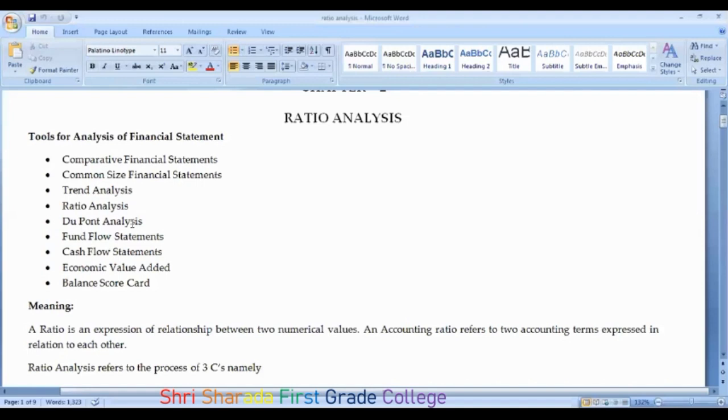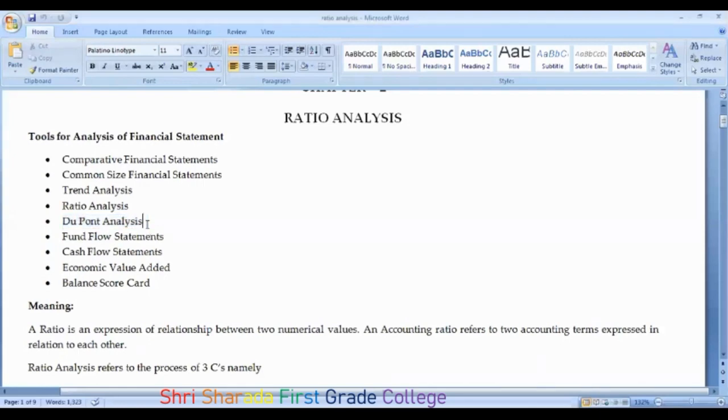It is used to analyze the company's ability to increase its return on equity, how well the company is able to perform and increase its return on equity, through this analysis of the financial statement.